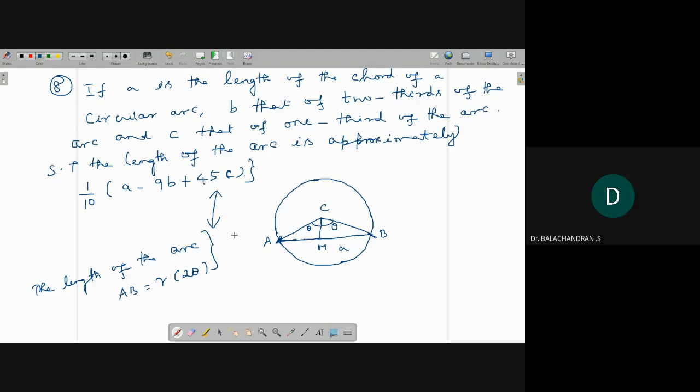If you want to say exactly, 2R theta equals 1 by 10 into A minus 9B plus 45C. If I prove this expression is equal to 2R theta, then the problem is over. So how to prove this is equal to 2R theta?